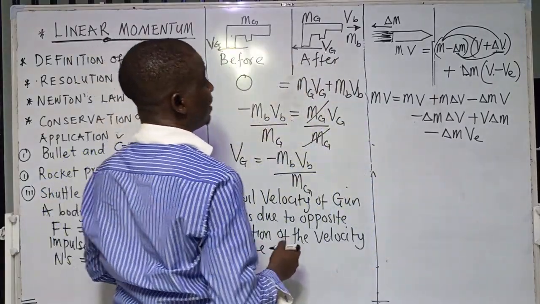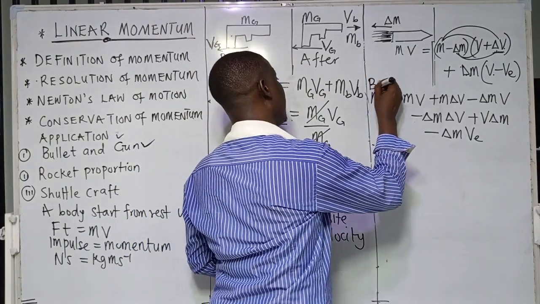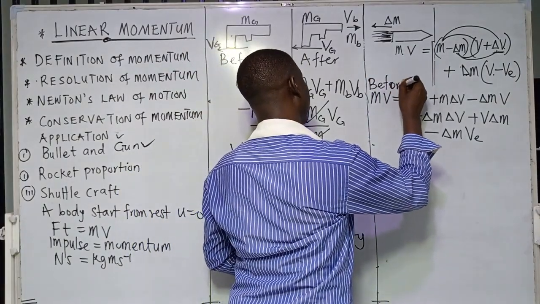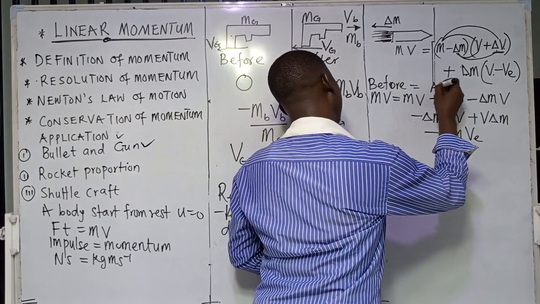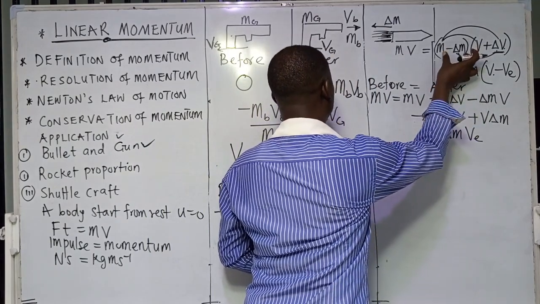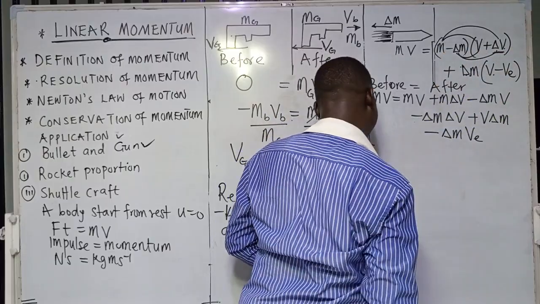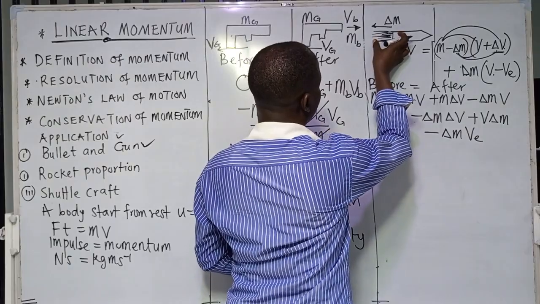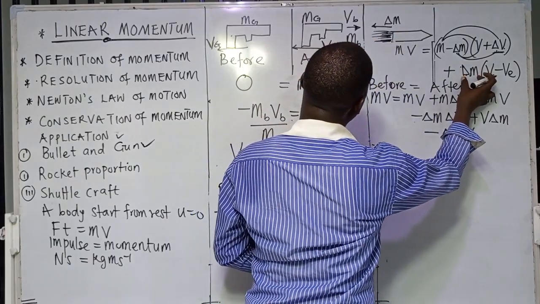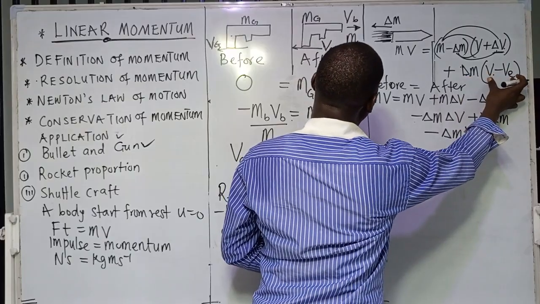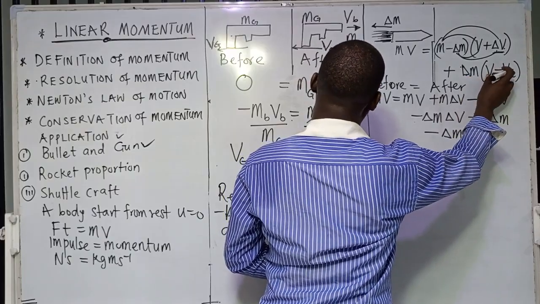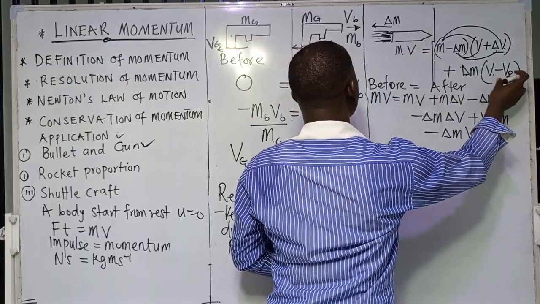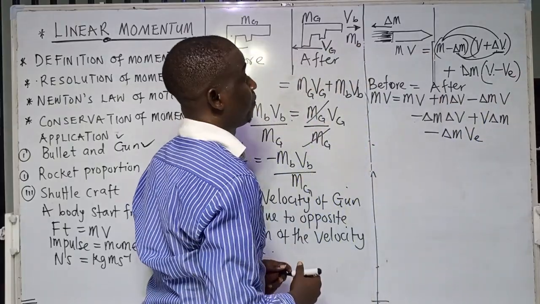Now what I want to do is that this is before mv and this is after. That's why there is a reduction in mass and there is an increase in velocity. Then the exhaust produces a change in mass and a difference in velocity, which is the velocity possessed initially minus exhaust velocity.